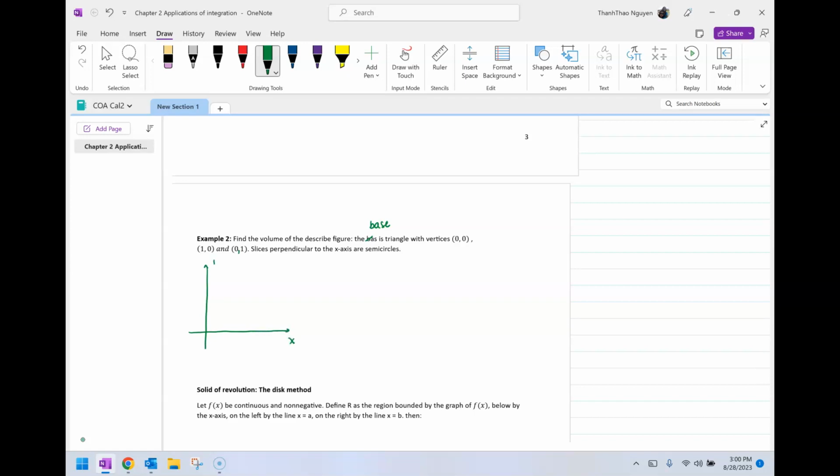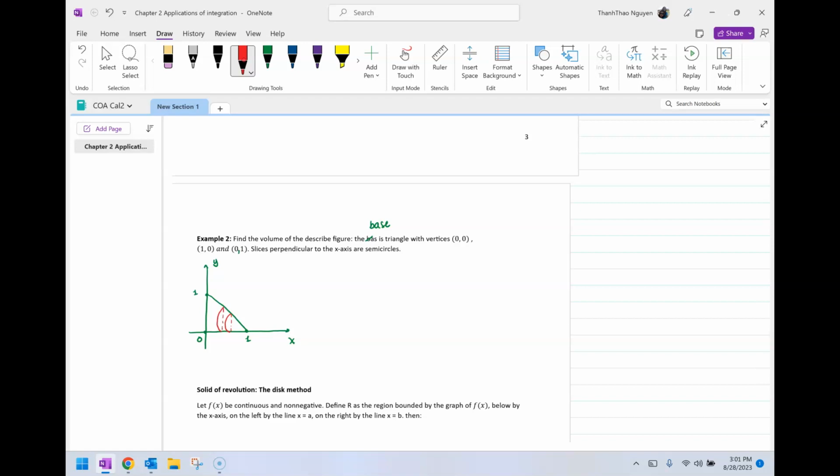Here x is horizontal and y is vertical. The base is the triangle with the vertices (0,0), (1,0), and (0,1). So we're looking at this triangle being the base. The slice perpendicular to the x-axis, a semicircle, means think about this as a half circle coming out from the screen, like that.